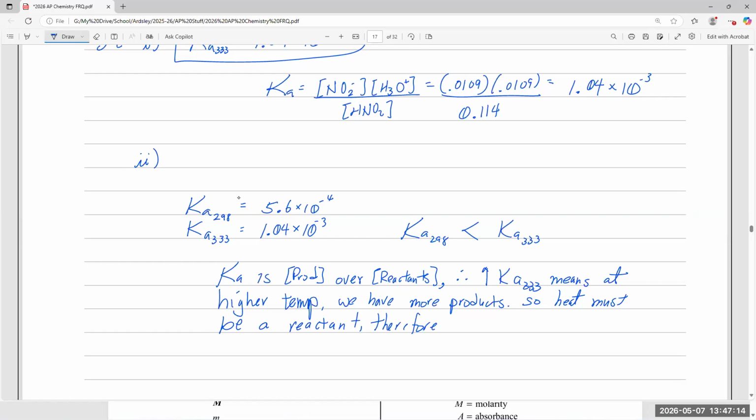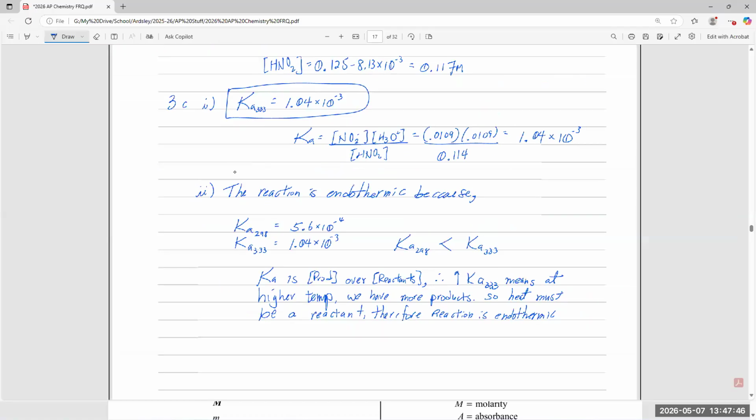Therefore, the reaction is endothermic. So you write the reaction is endothermic because, comma, and that's your explanation.